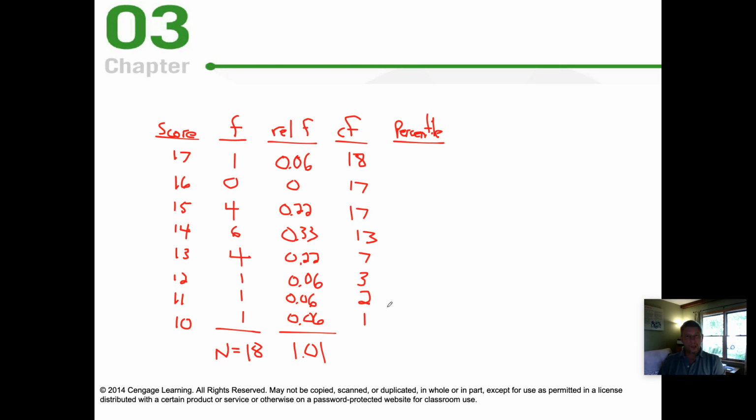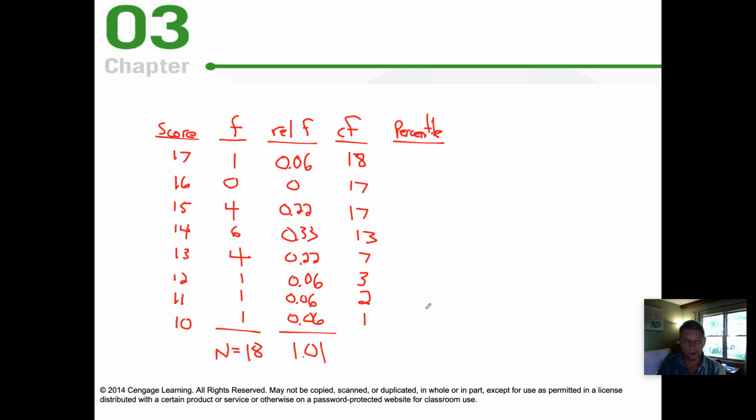Now, finally, in this case, I want to calculate the percentile. Remember, the percentile is the cumulative frequency value divided by 18 and then multiplied by 100. So in this case, 1 divided by 18 times 100 is going to be 6.